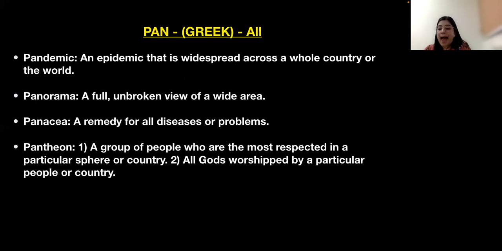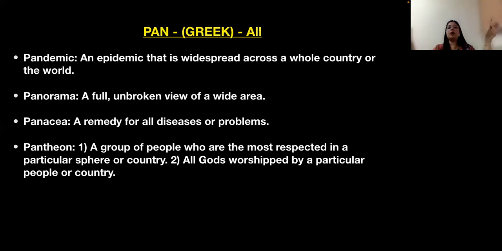Next, pan. Pan means all. Pan is the root word for all. Pandemic is a condition, a disease, an epidemic that spreads all across the entire world, not restricted to a particular region, a particular native area, but spreads all across.